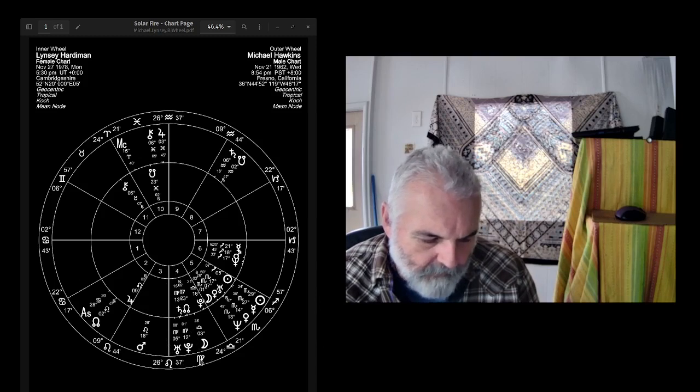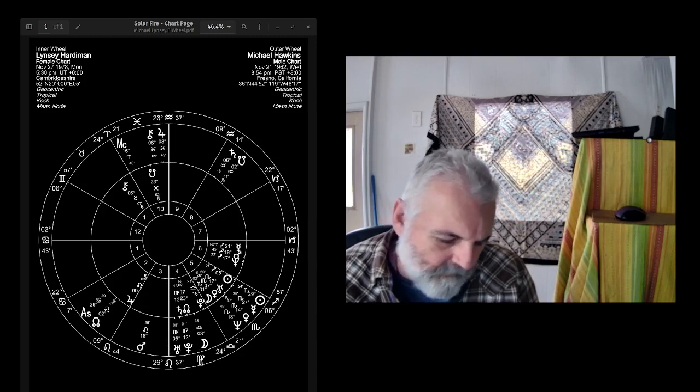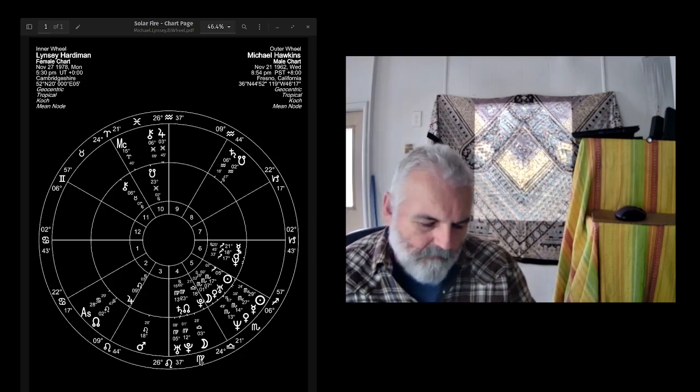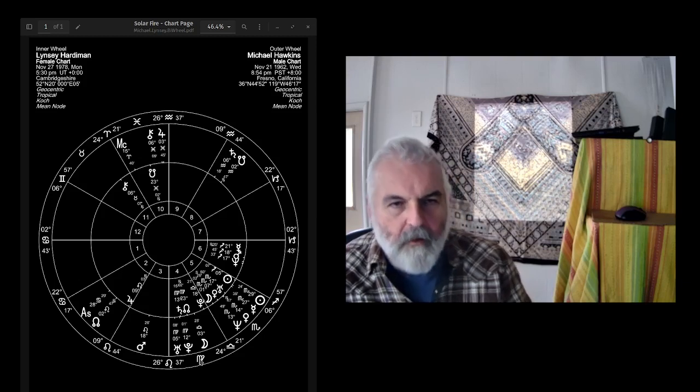Saturn at 13, Uranus at 5. So that's technically out of orb. I use a 7-degree orb, but I drew it anyway. And then my Pluto is at 12 degrees Virgo. Your Saturn is at 13, so pretty close.